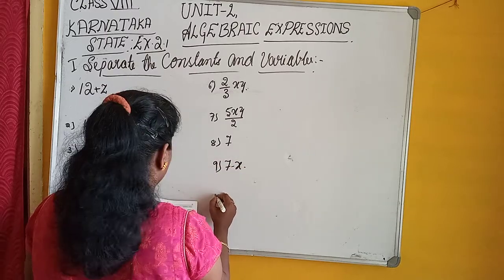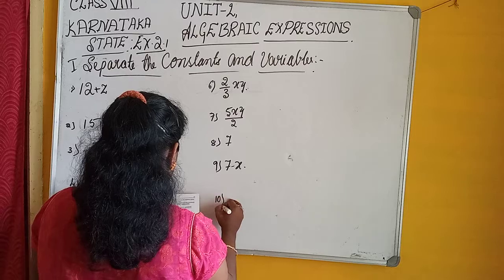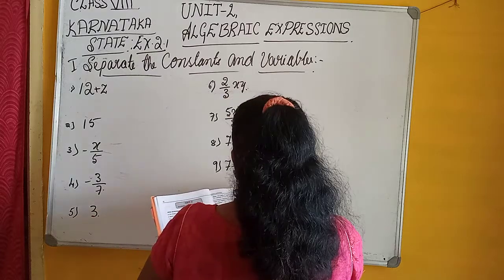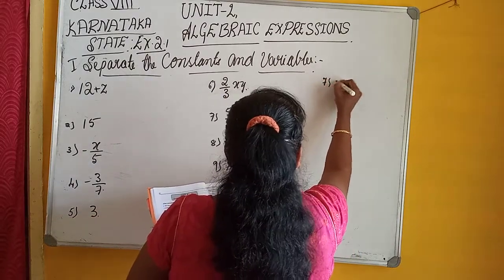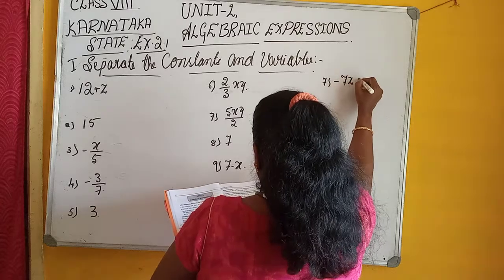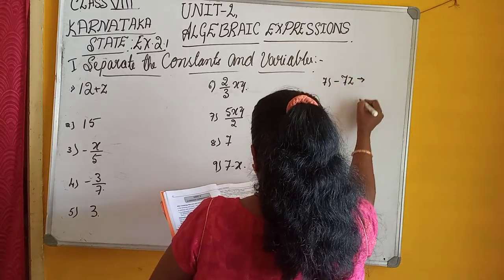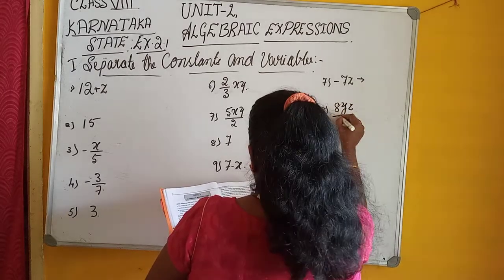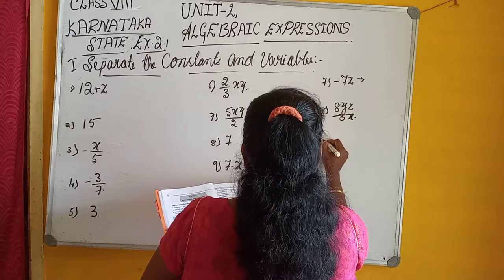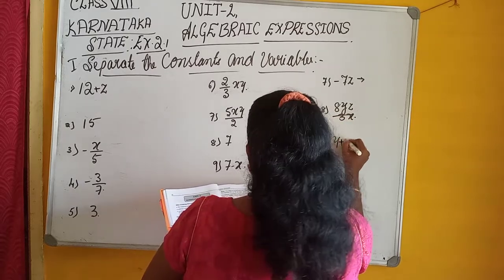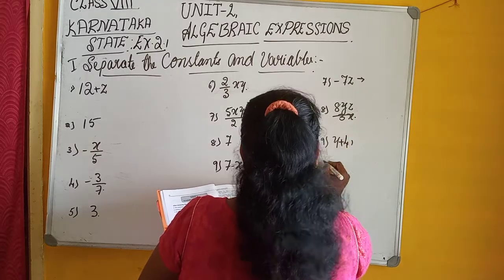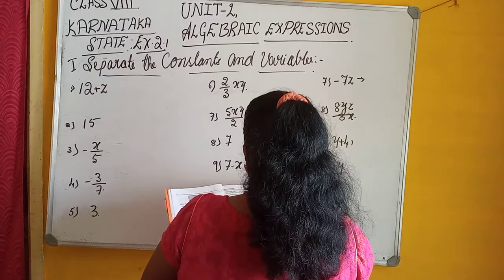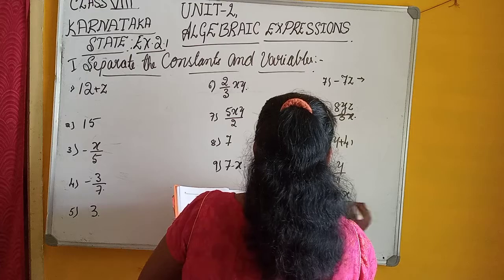Then 6x plus 4y minus 7z. Then 8yz by 3x. Then y plus 4. Then y by 4. Eleventh is 2x by 8yz.